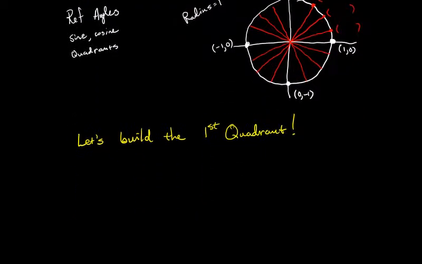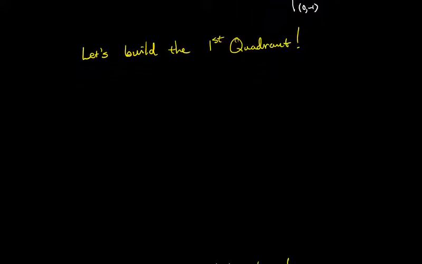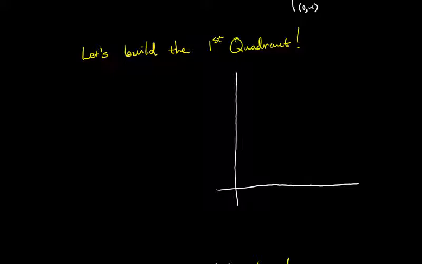So let's talk about this unit circle. Let's build the first quadrant together. I'm going to draw my coordinate plane a little bit differently this time, like this so you can see it. I'm going to work in the first quadrant, so I better draw my quarter of a circle here.